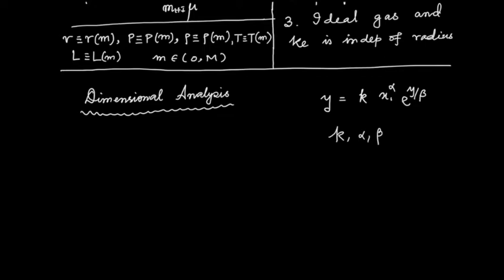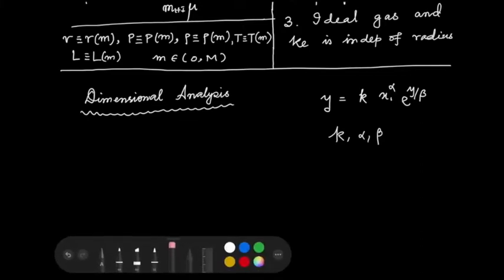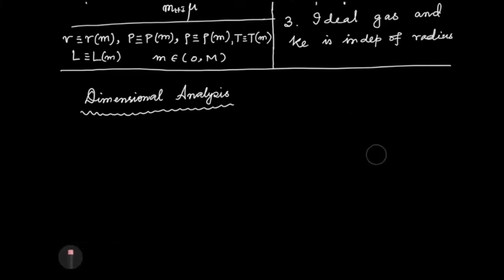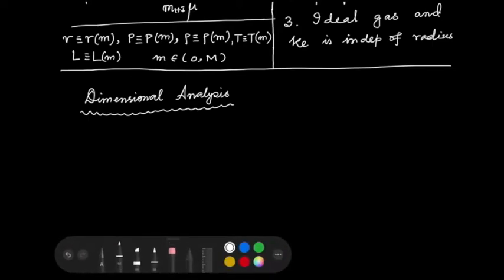But these we can find out because we will measure all these things for the sun, and from the values of the sun we can figure out k, alpha and beta. So we are doing dimensional analysis in a particular case where we can actually calibrate our dimensional analysis. So we'll see how it goes along.